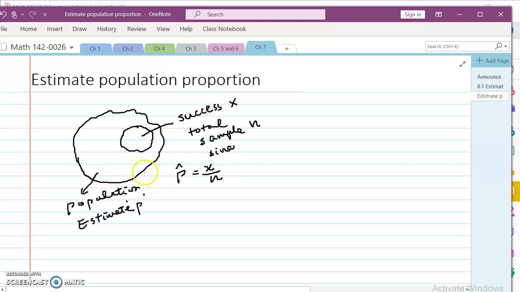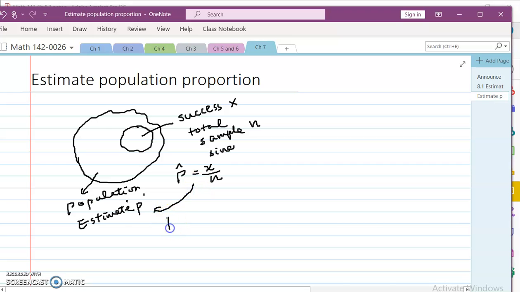Right now it's very popular to ask if the vaccine is available, are you going to take it? Or now that it's also voting season, we want to estimate the percentage of people that would vote for a particular candidate. To get a percentage, you count how many you are counting over the total. So you use this sample x over n to estimate this.